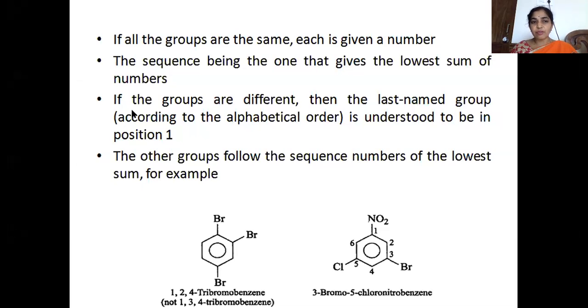If the groups are different, the group that comes first alphabetically should get the first position. Here between 3 and 5, bromo gets first according to the alphabetical order. So 3-bromo-5-chloronitrobenzene. The other groups follow the sequence of the lowest sum of numbers.